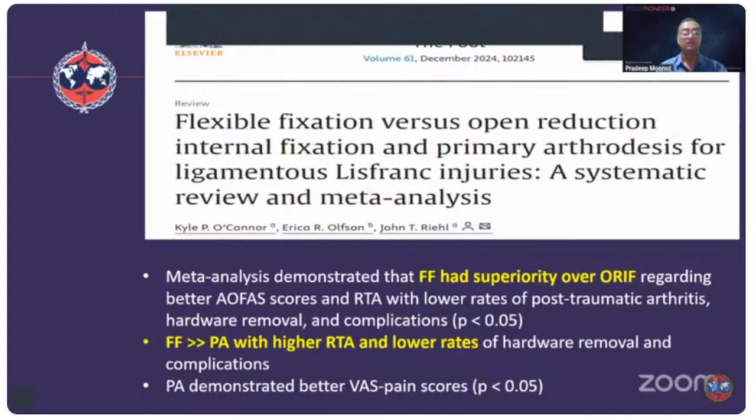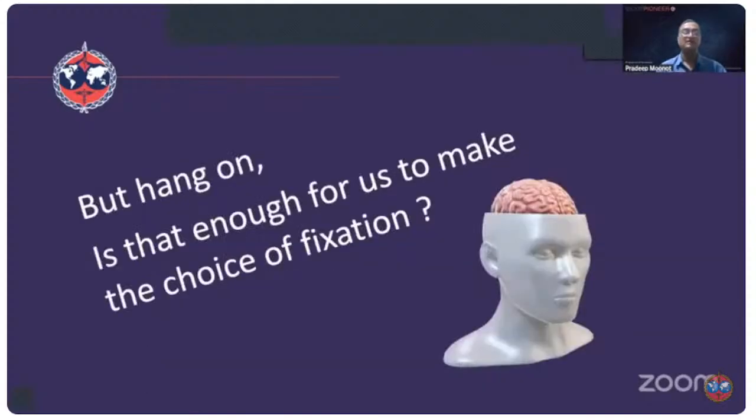Also, flexible fixation was better compared to primary arthrodesis, with a higher return to activities and lower rates of hardware removal. But primary arthrodesis demonstrated better pain scores. So flexible fixation is almost equal to or better than ORIF, and better or equal to primary arthrodesis. Now, is that enough to make us decide that every patient should be getting suspensory fixation?